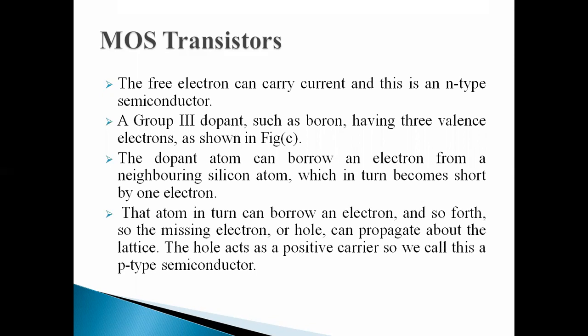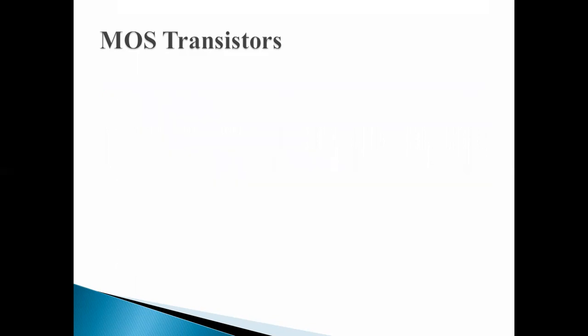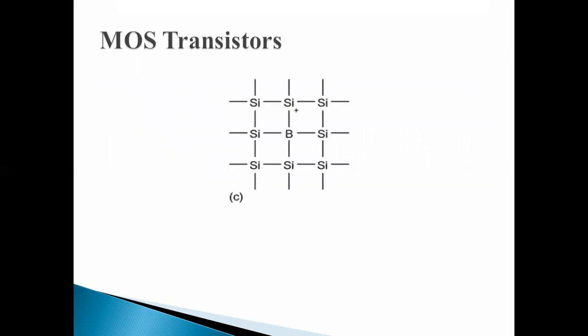Because holes are considered positive charges, this kind of semiconductor is called a P-type semiconductor. This is shown in this diagram. A positive hole is created.